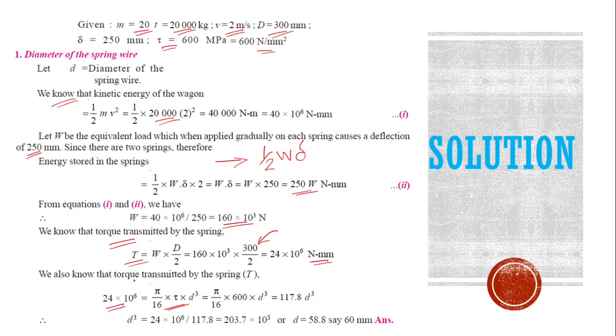Then we can calculate small letter d, diameter of the wire, by equating these two, and we will get d as 58.8 mm. Then we can say that d is equal to 60 mm. This is the procedure to calculate the diameter of the spring wire.